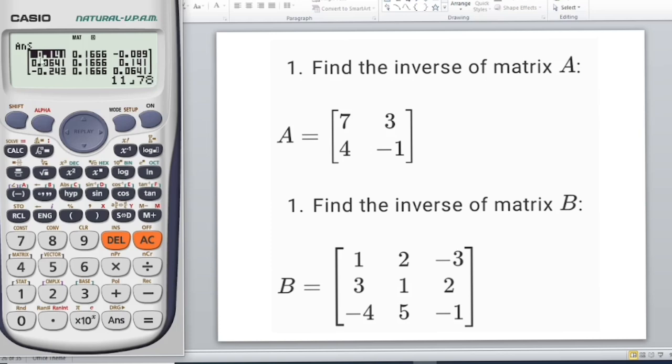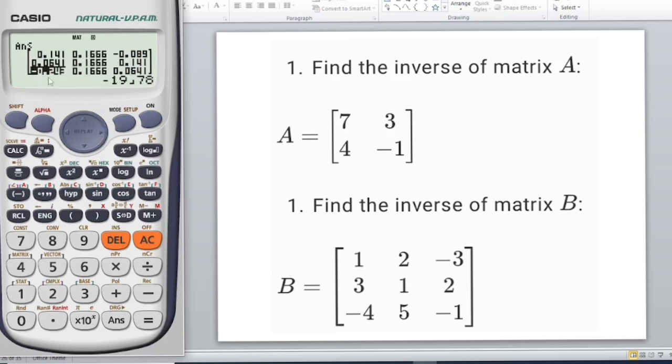We should take note that 0.141 is the same thing as 11 over 78. Now 0.1666 is 1 over 6. The next is minus 0.089, minus 7 over 78. So the next is 0.0641, 5 over 78. 0.1666 is 1 over 6. 0.141, 11 over 78.